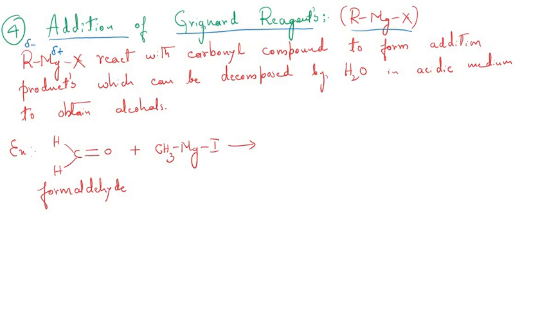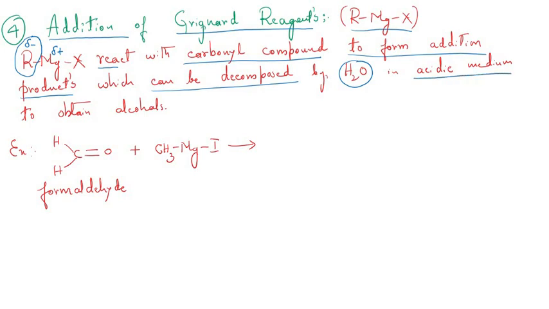And we basically know that aldehydes and ketones undergo nucleophilic addition reactions. So this R group of the Grignard reagent will be acting as a nucleophile, right? So Grignard reagents react with the carbonyl compound, either aldehyde or ketone, to form addition products which are simply called adducts, and these adducts can be decomposed by water, that is hydrolysis, in acidic medium to obtain alcohols.